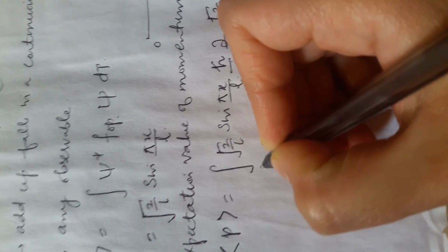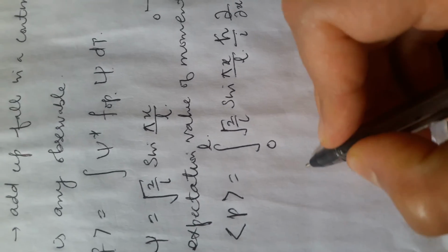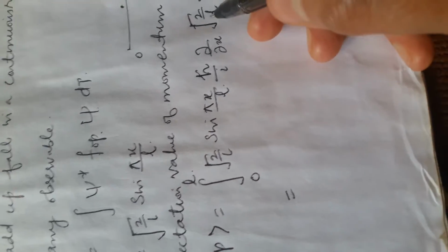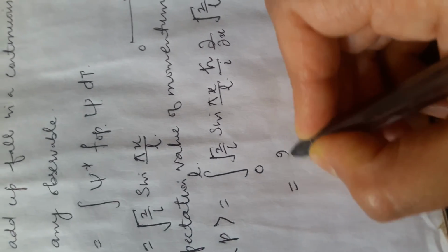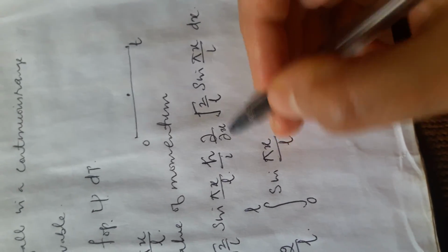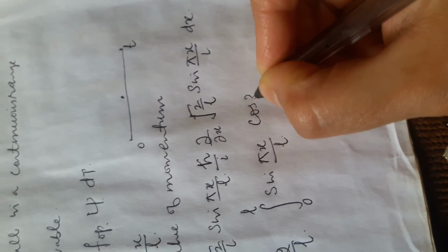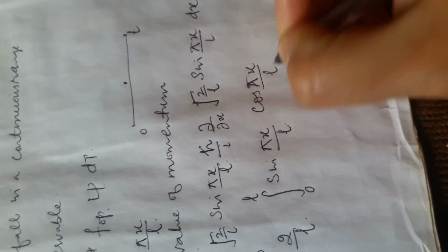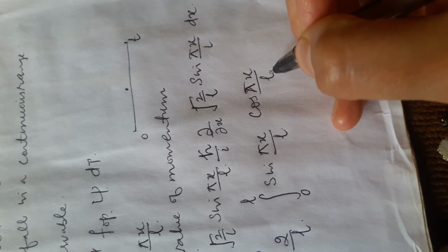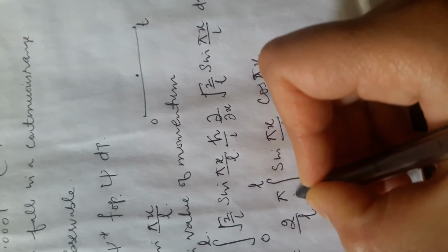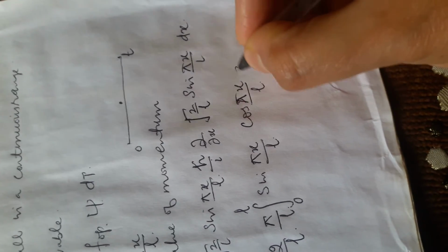So let's try to simplify that. Again, we are taking our limits from 0 to L. Now, this under root 2 by L and under root 2 by L will come out, so that will be 2 by L. So this is the integral 0 to L of sine of pi x by L, and for this you will write the differentiation of sine as cos of pi x by L, and then this factor pi by L will come into multiplication, and that we'll write here, dx.